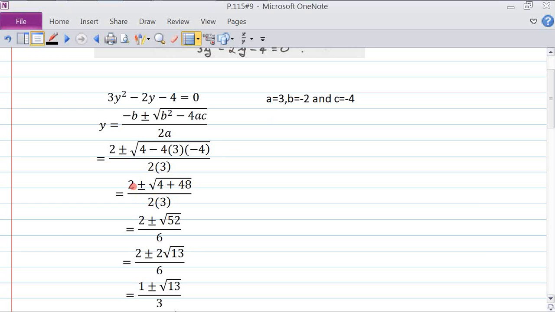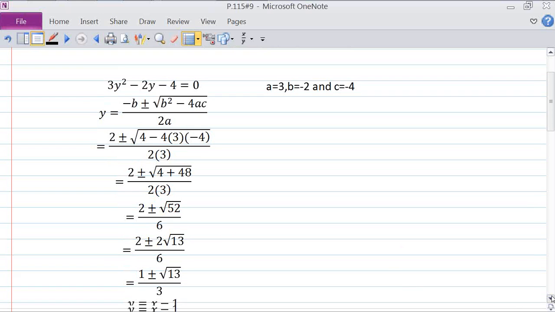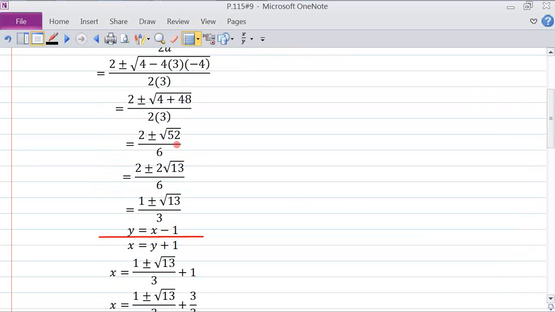So we have 2 plus or minus the square root of 4 plus 48, which becomes 52, over 2 times 3, which is 6. So instead of 52, we can realize that 52 is 4 times 13. We take the root of 4 out, we get 2, and the 13 stays within the root sign.